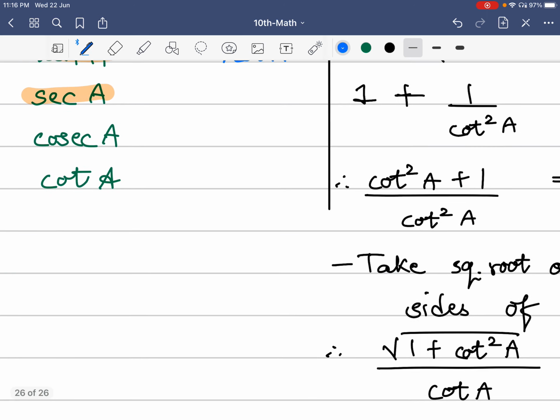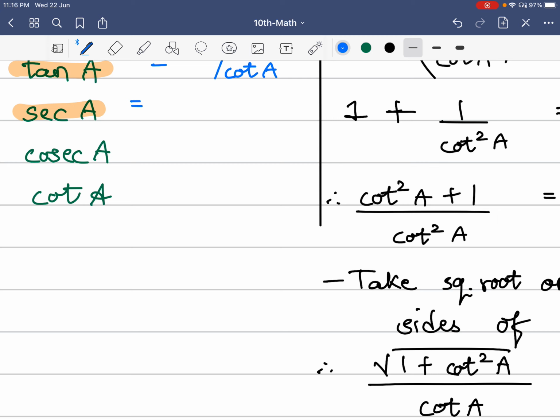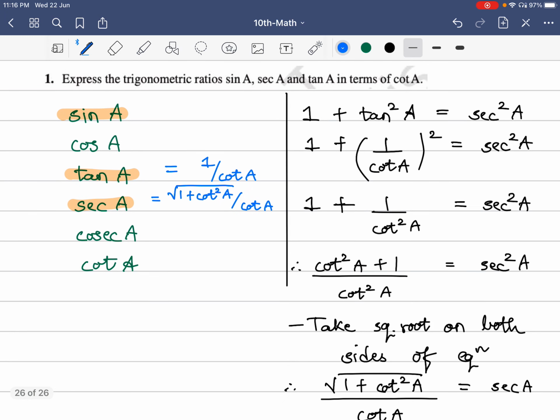Okay, so sec A is now equal to under root of 1 plus cot square A, the whole divided by cot of A. Yes, so this is sec A and this is tan A, both expressed in terms of cot A.